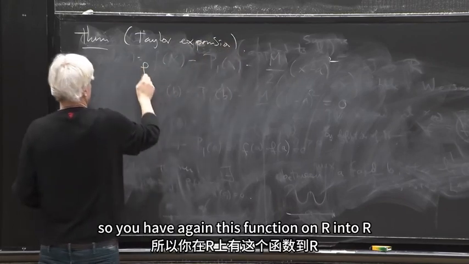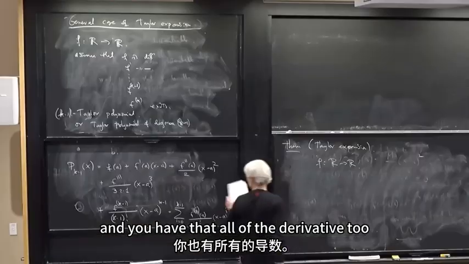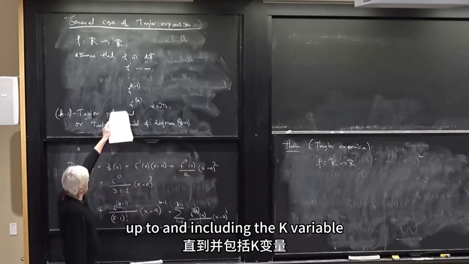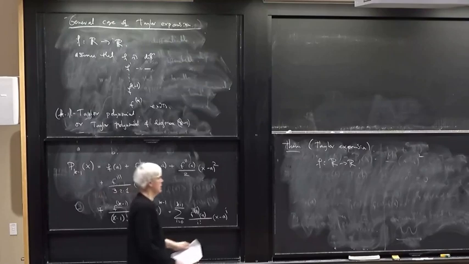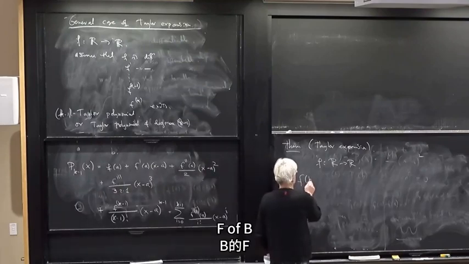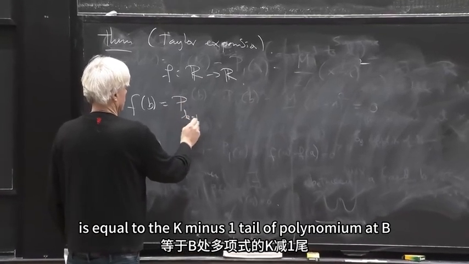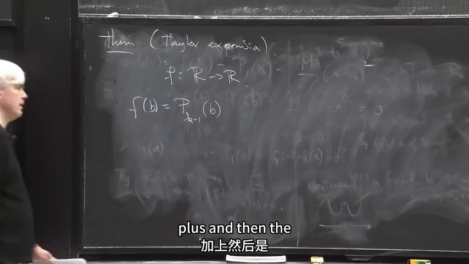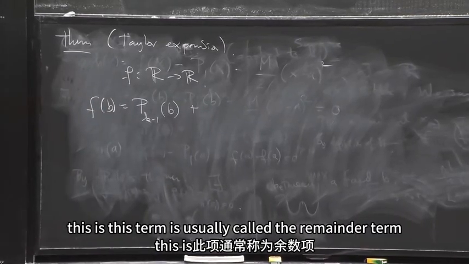So you have again this function from R into R, and you have that all of the derivatives up to and including the k-th derivative exist. And then you have that f of b is equal to the k minus 1 Taylor polynomial at b plus a term that is usually called the remainder term.